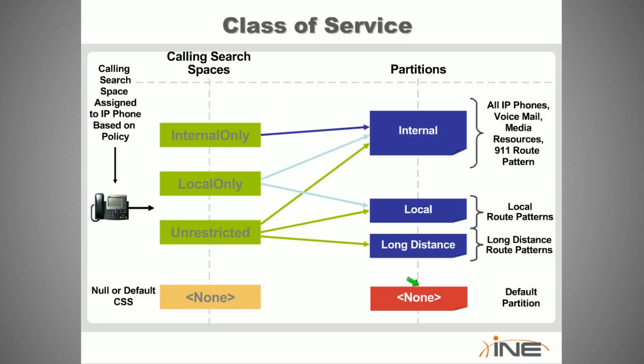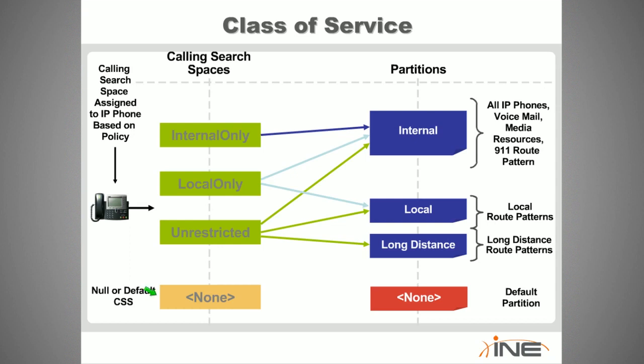We also have, there is also always the null or none or default partition. Okay? If I don't configure a partition, when I do configure a DN, I have actually assigned that to a specific partition. It's just the null partition.